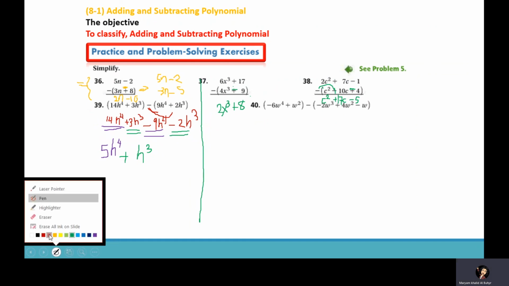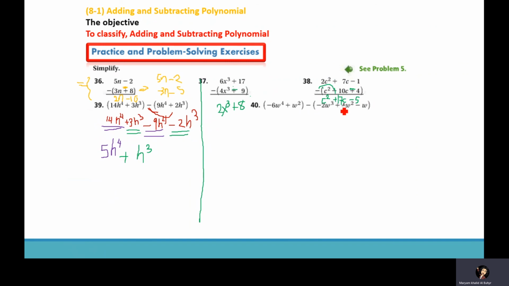We are going to do also this one. I can directly distribute my negatives to avoid confusion. So that is w to the power 3 minus 4w^2 minus w.